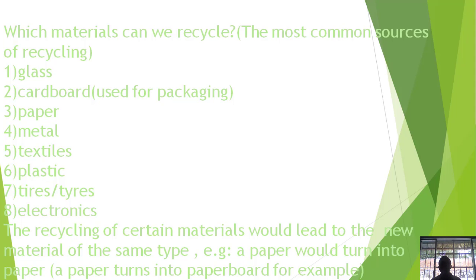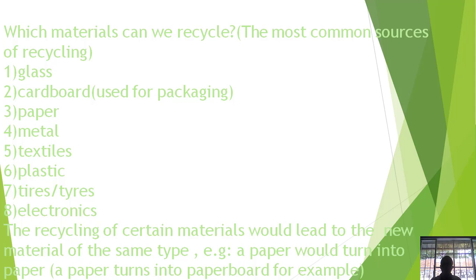Now, the recycling of certain materials would lead to a new material of the same type. For example, if you are recycling paper, it would change into paper. Paper turns into paperboard, for example. If you recycle a material made of paper, it can become paperboard. That's why I said the recycling of certain material would lead to a new material of the same type.